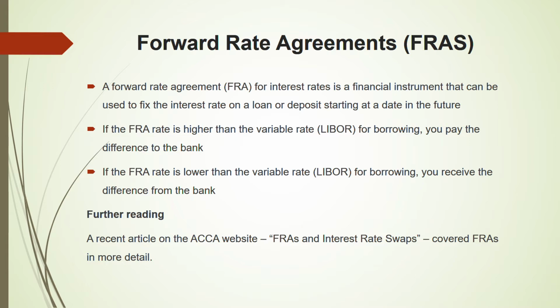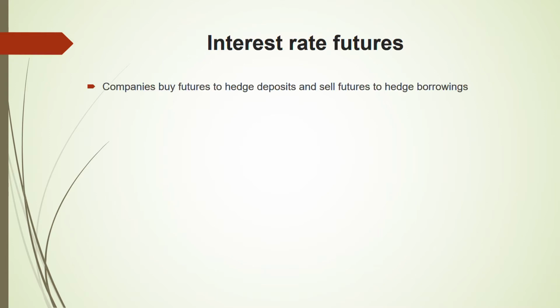Now let us go to interest rate future. Here also, like currency rate future, we have deposits and we have borrowing, right? So we should know when we have to sell the future, when we have to buy the future. Here also we have to do the same thing, buy future, sell future, but the rule is fixed. When it's a deposit, you buy future.